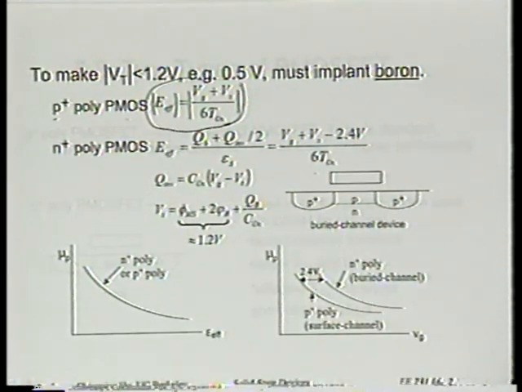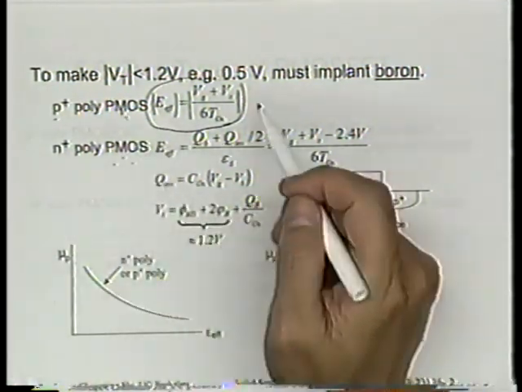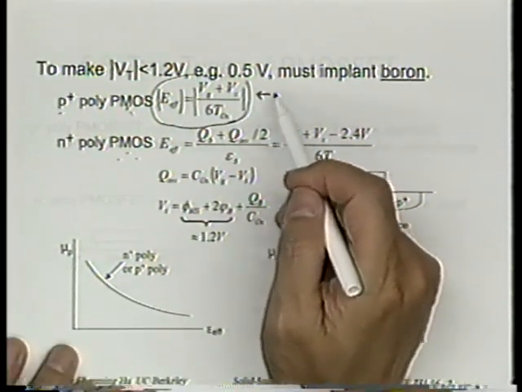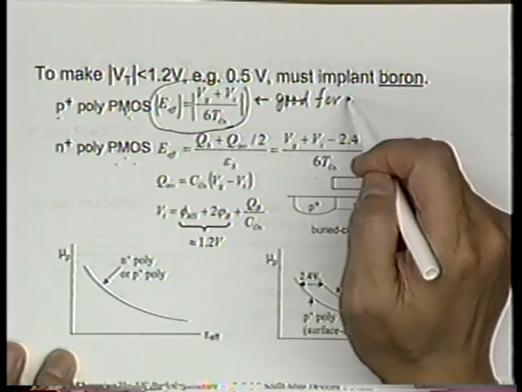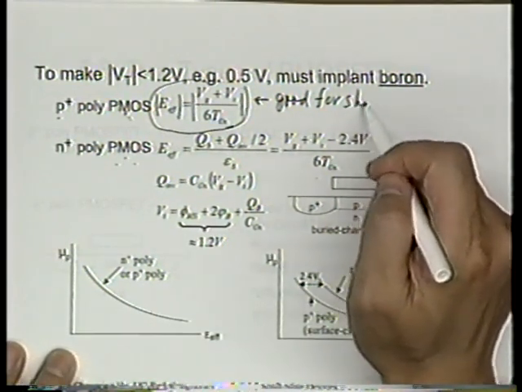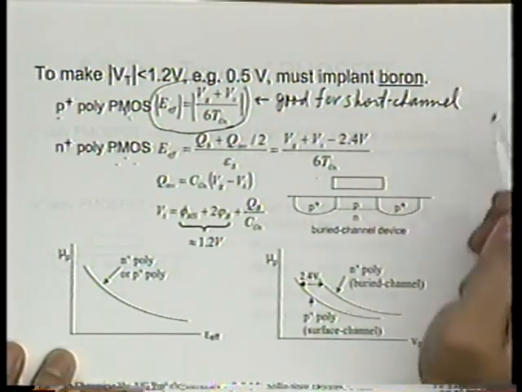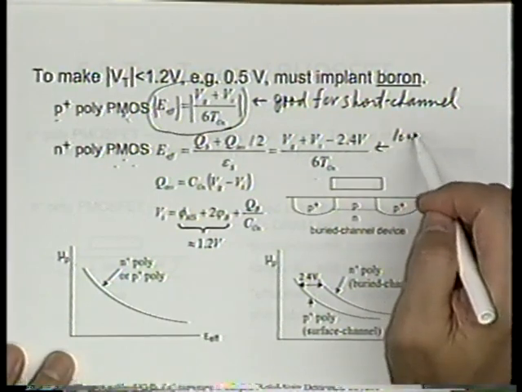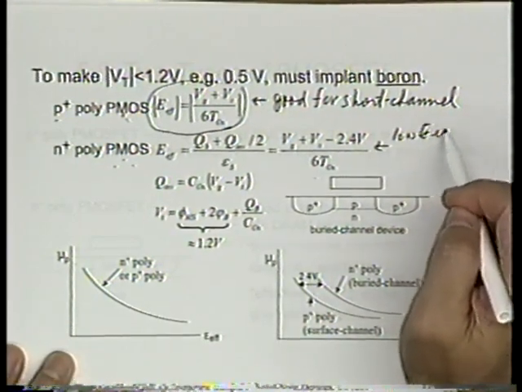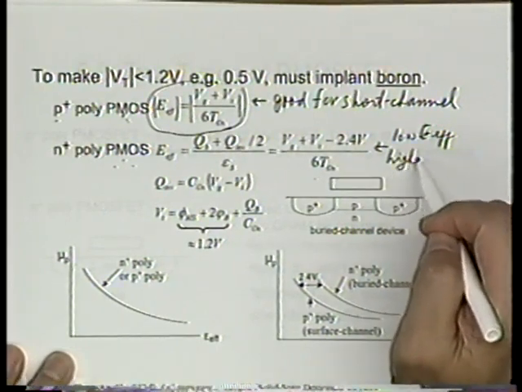So one very interesting fact is that comparing these two types of PMOSFET, the top kind is good for short channel effect, and we haven't yet talked about why. Good for short channel effect. The bottom kind gives us lower E effective and therefore higher mobility.